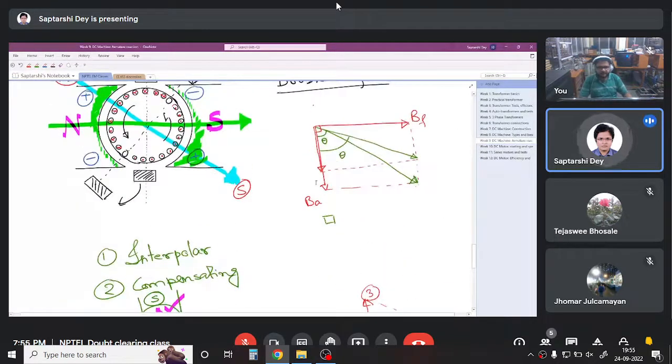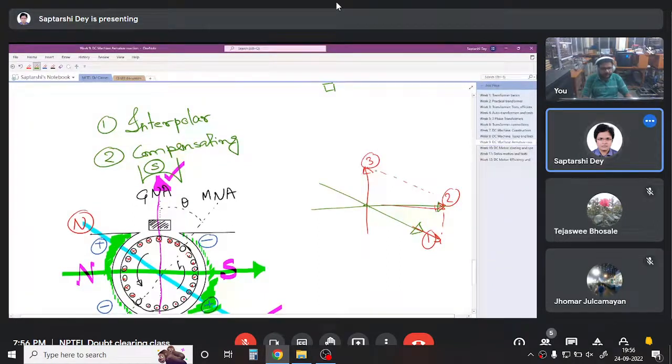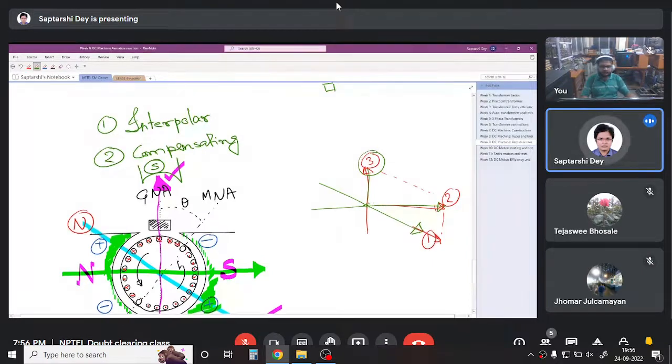What I said is that this armature current keeps changing with the load. So the direction of this resultant, this vector 1, also keeps changing. So if I have to have the resultant in my desired direction, horizontal, this vector 3 must also keep on changing its magnitude depending on the load. Then only will I always have it in the horizontal direction.